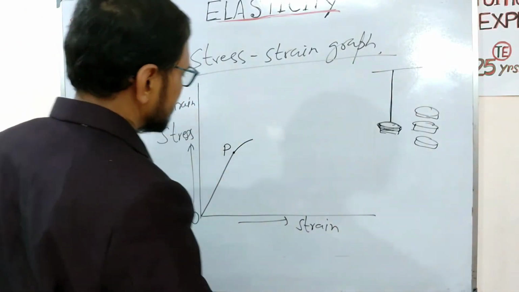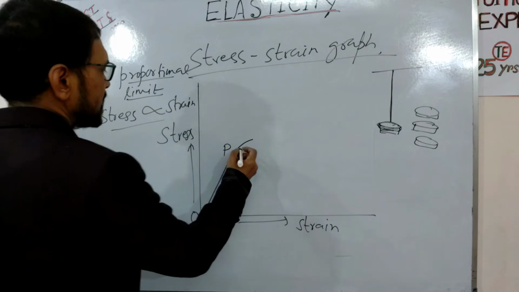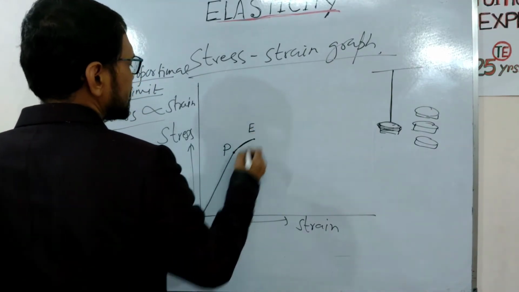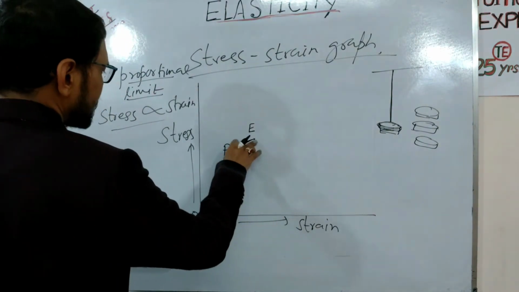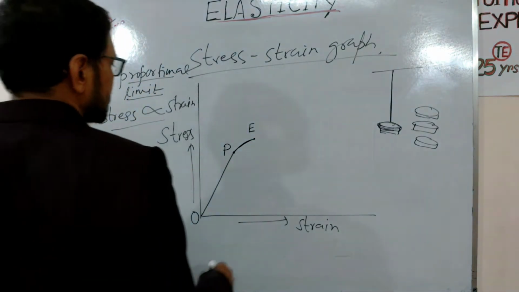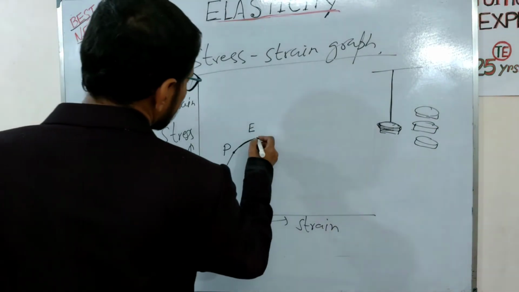If a little stress is applied beyond P, then a point is reached. Suppose this point is E. This is the elastic limit. The body has an elastic property up to that limit, but beyond that point, if extra stress is applied, the body does not behave elastically, it behaves with plastic property.